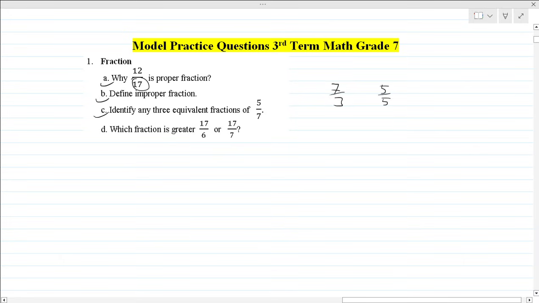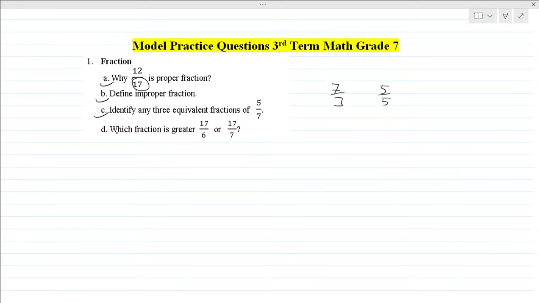Now after B, let's go with C. Identify any three equivalent fractions of 5 by 7. Here one proper fraction is given, and for that fraction you have to find three equivalent fractions. Infinite equivalent fractions can be found for any given fraction, but we are asked for three.